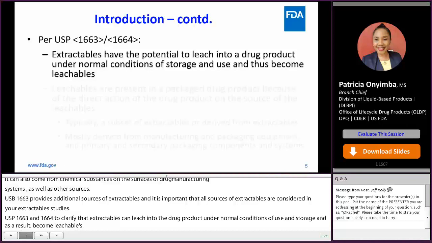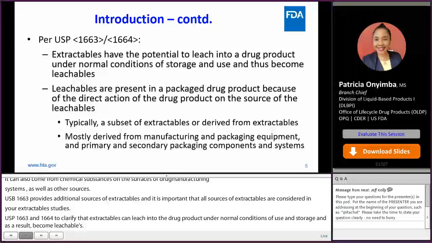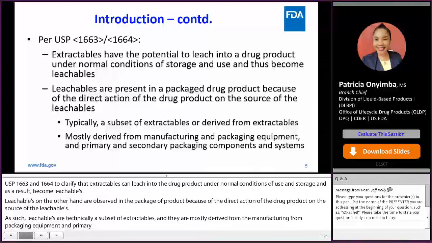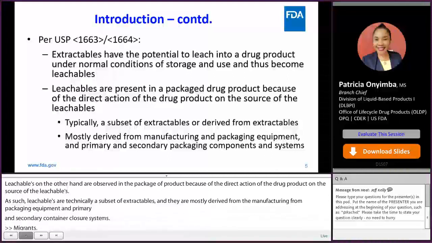Leachables, on the other hand, are observed in the packaged drug product because of the direct action of the drug product on the source of the leachables. As such, leachables are typically a subset of extractables, and they are mostly derived from the manufacturing and packaging equipment in primary and secondary container closure systems.